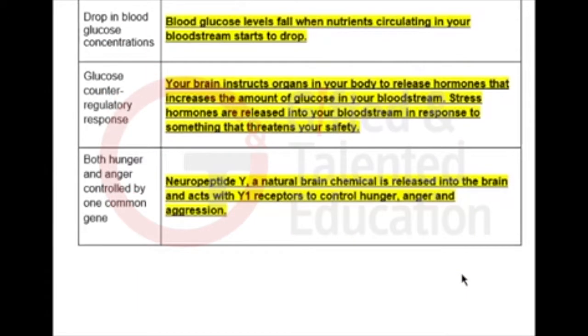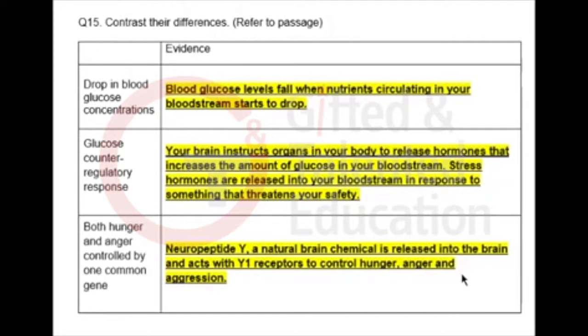And now let's take a look at the last question of the passage. Contrast the differences. Contrast suggests we need to find the differences. Right? So first of all, let's take a look at the drop in glucose in the blood levels. Why does this happen? Let's take a look at paragraph 3.